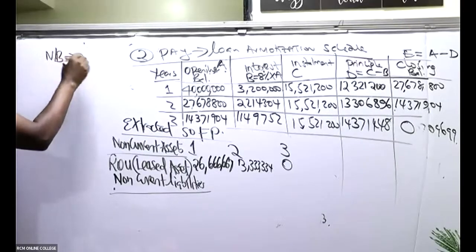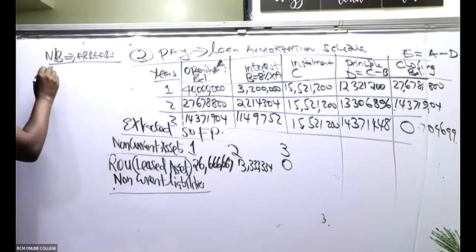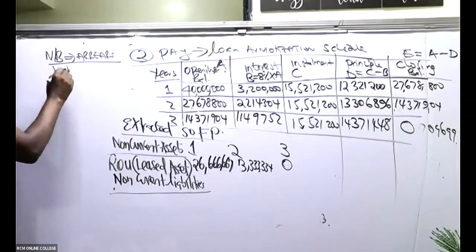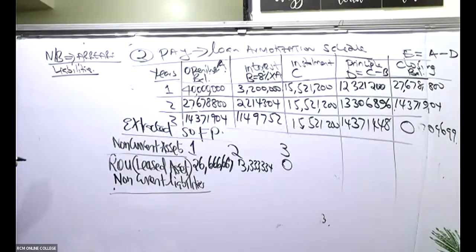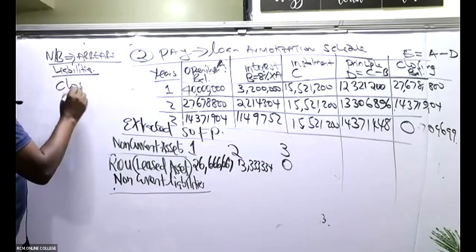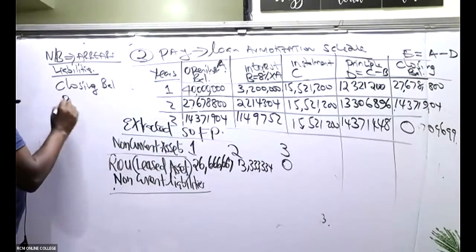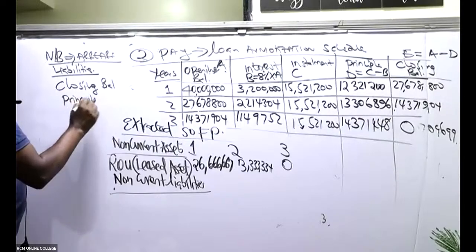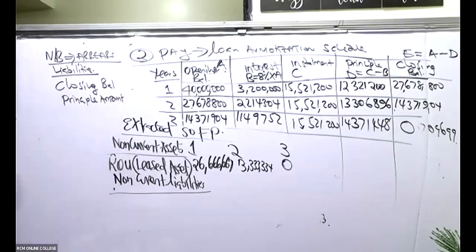If payments are done in arrears, in terms of liabilities, we shall always pick the closing balance and the principal amount. These are very, very important notes.